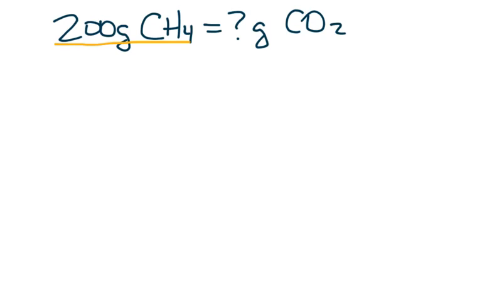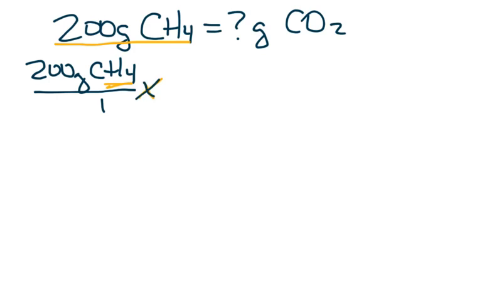So 200 grams of CH4, and I'm going to put it over 1. And notice how I'm writing out everything here. I'm not just putting 200 grams. I'm keeping track of what I'm writing down, okay? And that will become apparent in just a minute why we do that, okay?